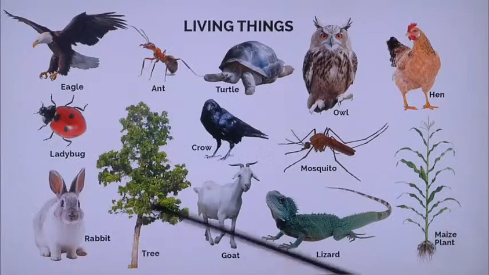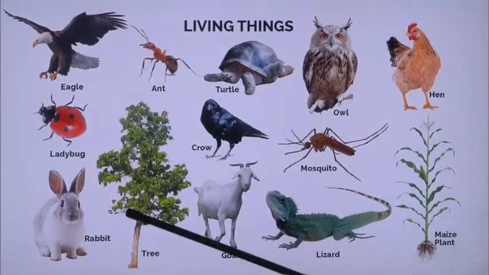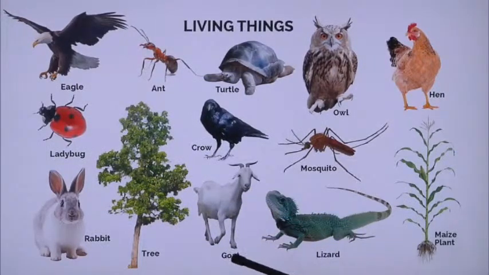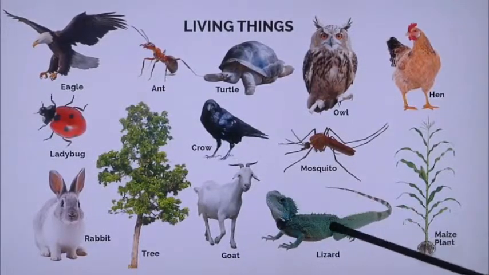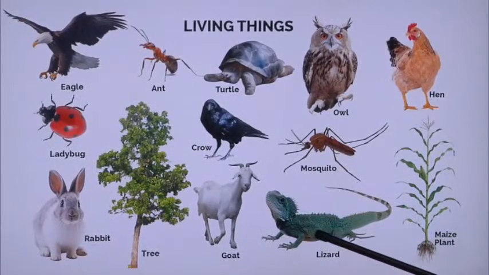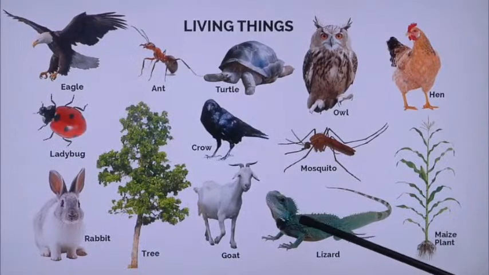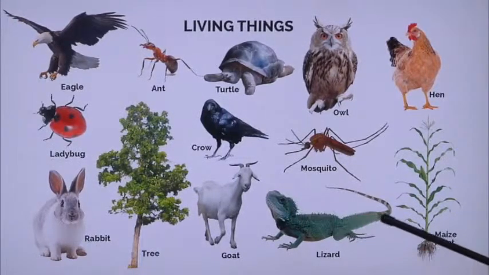We have a tree. A tree too is a living thing. Goats. A goat is also a mammal. The next picture is a lizard. A lizard is a reptile. And a reptile has a scaly skin.